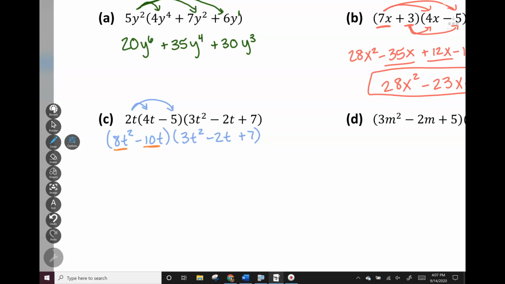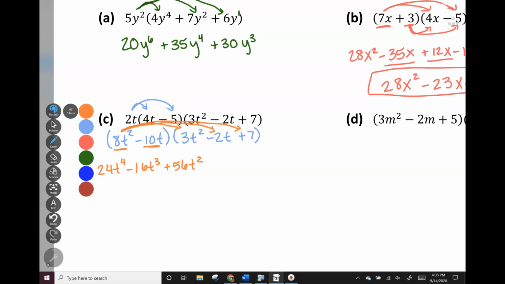So starting with the 8t squared, distributing that, I get 24t to the 4th minus 16t cubed. Last term gives me plus 56t squared.